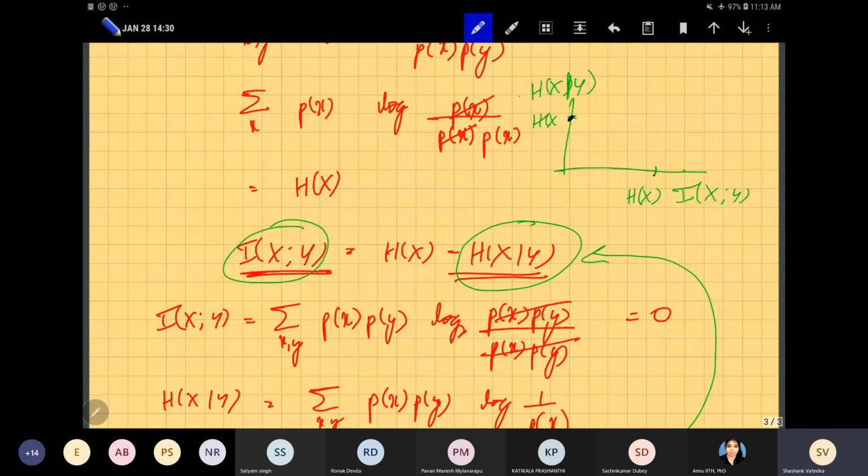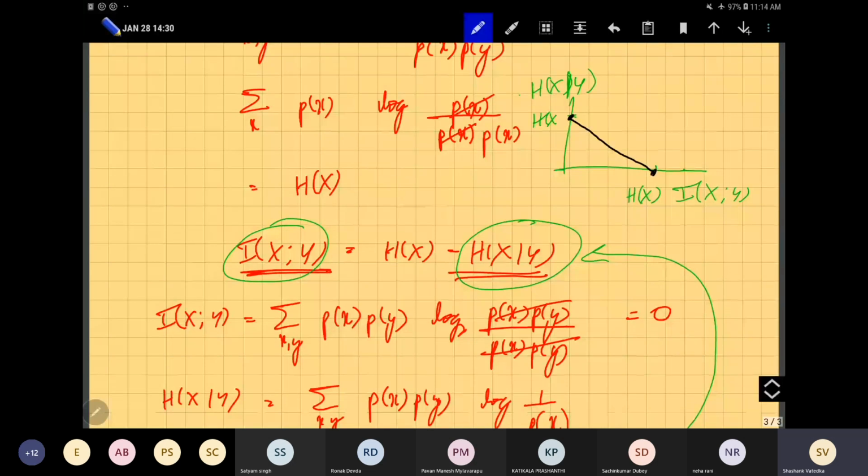When H of x given y is equal to 0, I of xy is equal to H of x. And anywhere in between, you get sort of a linear relationship between the two. So take any other distribution such that x and y are correlated with each other, but one doesn't give you the exact value of the other, then both the entropy and the mutual information will lie somewhere in between.